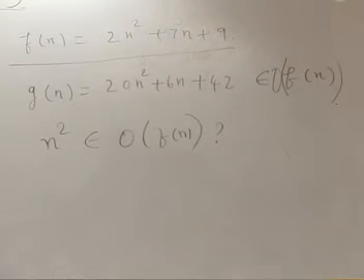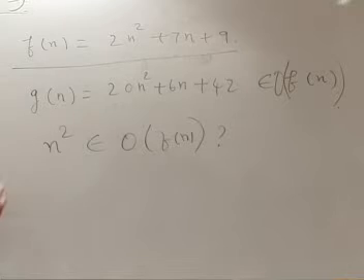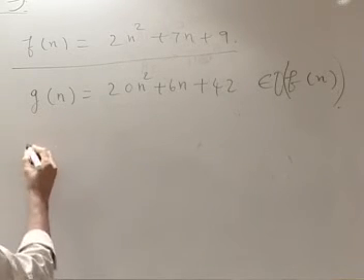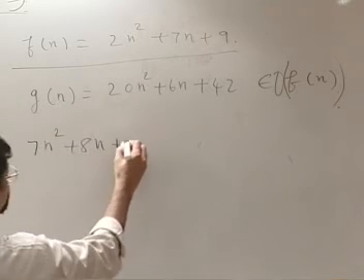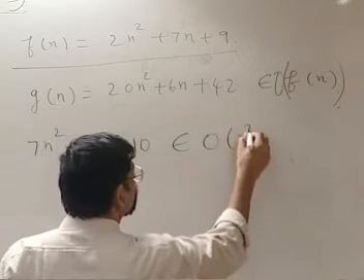The argument is trivial. You can find a constant. And what is important is, with respect to n square, it is working even the other way. Watch carefully this statement. I am going to argue that 7n square plus 8n plus 10 belongs to big O of n square.